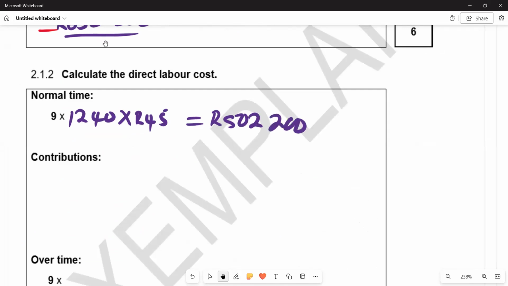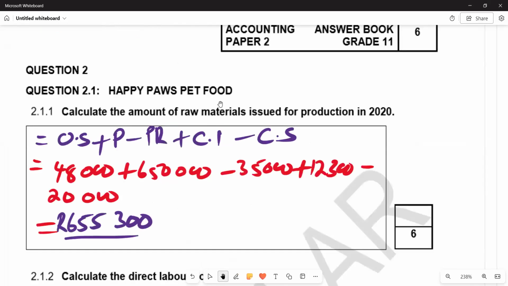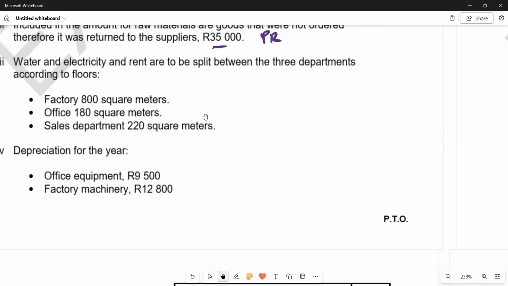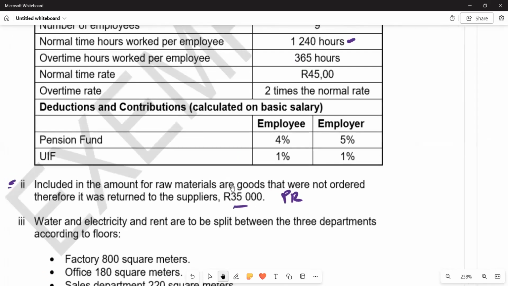If you go to the contributions, let's try to see information given in terms of contributions. We come here, you'd see that contributions were given here, and we're given that deductions and contributions are calculated on basic salary, pension funds, and the contribution that we are concerned with is for the employer. We are not concerned about the employee. We are concerned about the employer.